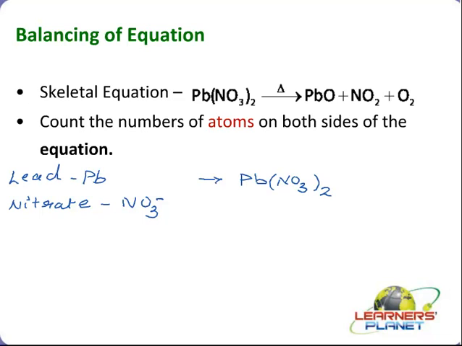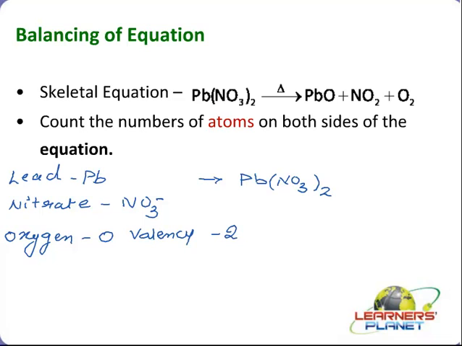Again, the symbol for lead is Pb, and for oxide, the symbol for oxygen. Do you remember what the symbol for oxygen is? Oxygen is O. And what is the valency? Valency of oxygen is 2.